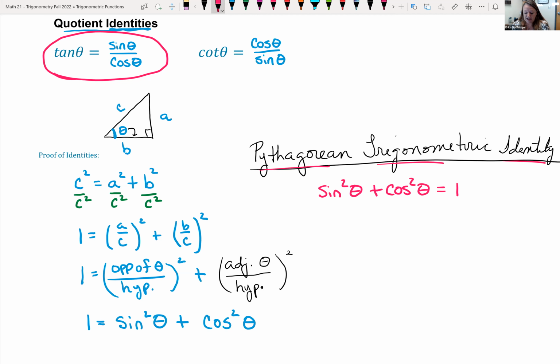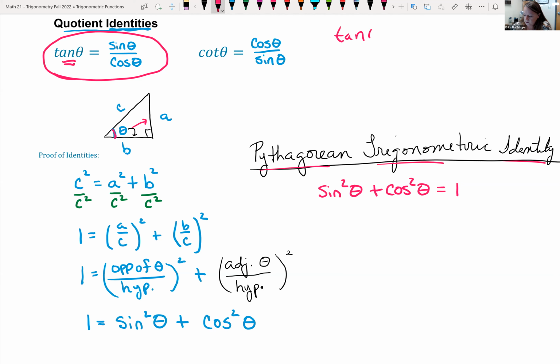Opposite of theta in our triangle that we created here is A. So tan theta is equal to A all over the adjacent side, which is B. So looking at our triangle, tangent theta is A over B, the ratio of those 2 sides.